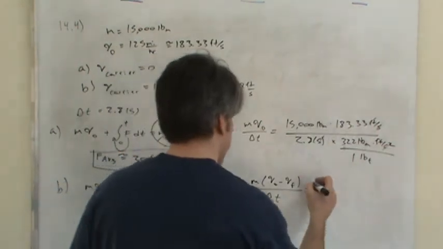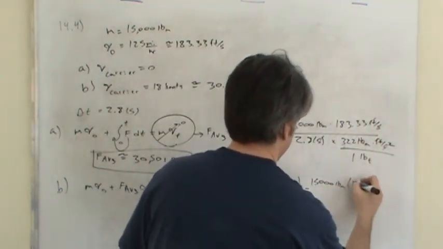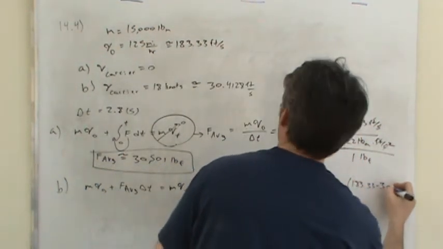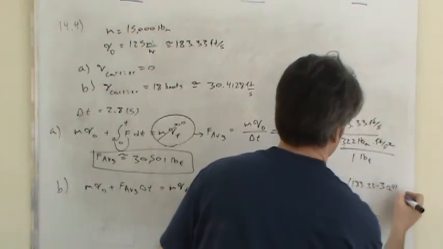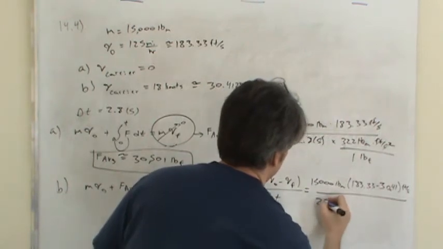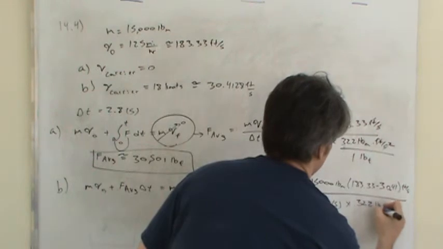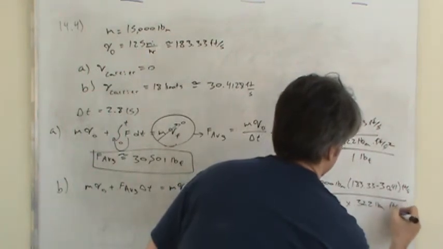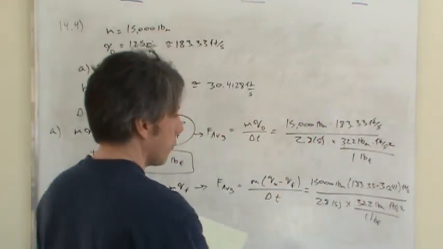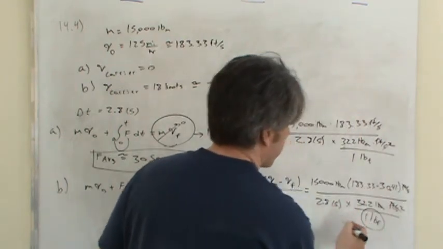So 15,000 pound mass multiplied by 183.33 less the speed of the carrier, 30.41 or so feet per second, divided by 2.8 seconds multiplied by 32.2 pound mass feet per second squared per 1 pound force. Once again, everything goes away except for the pounds force.